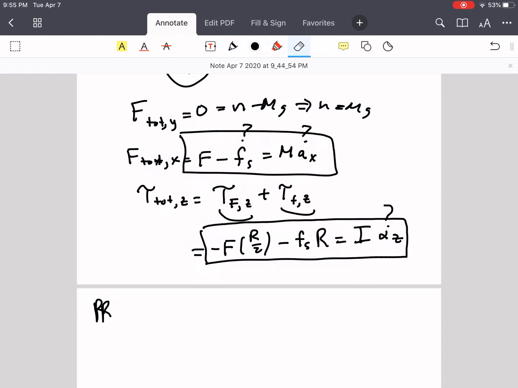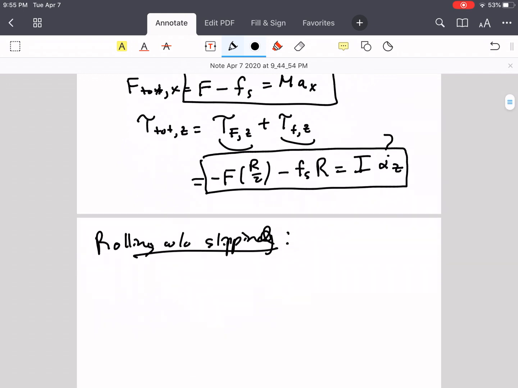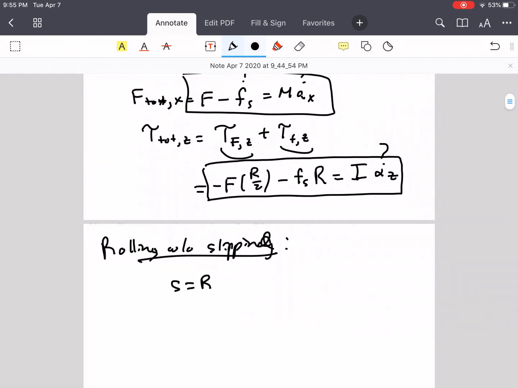We kind of used it because we used the fact that it's static friction. But now we're going to use the other very important property of rolling without slipping, that distance is connected to angle. So we know S is equal to r times theta.